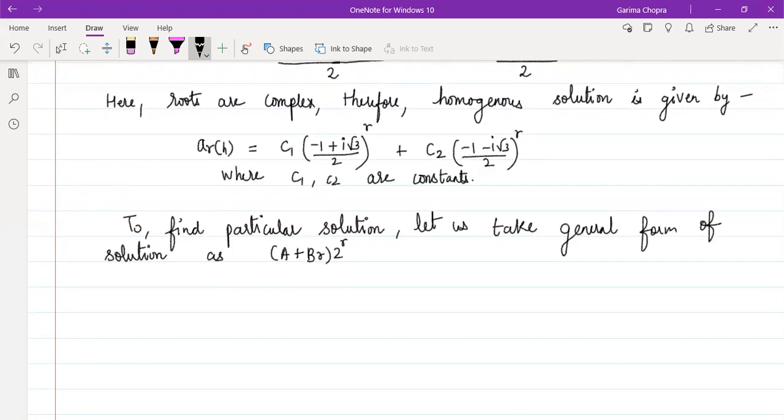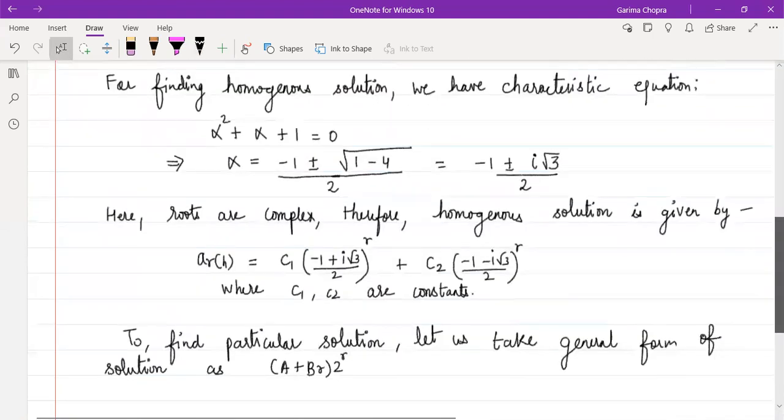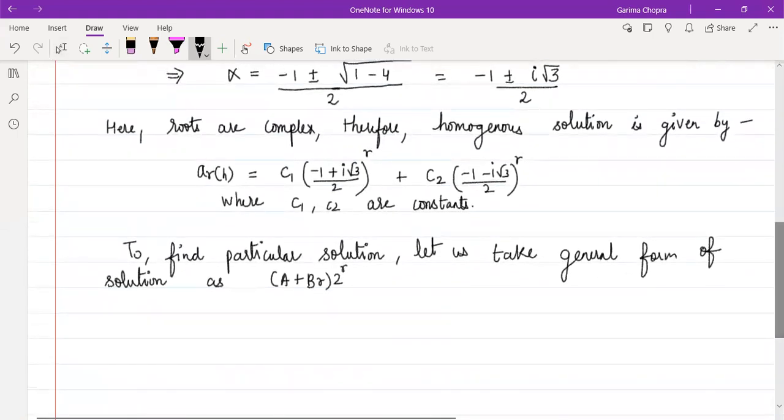So for finding these two constants a and b, we will be substituting this general form of solution in our given recurrence relation. Let us name the given recurrence relation as 1. Now let us substitute this solution in the recurrence relation.